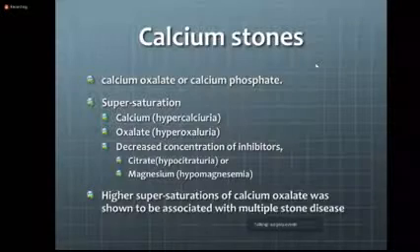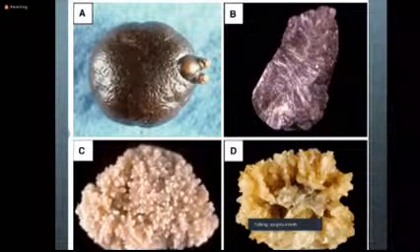The other factor is the decreased concentration of various electrolytes which are responsible for prevention of stone disease, which obviously includes citrate and magnesium. All these factors need to be assessed because there is a strong possibility of having these factors.